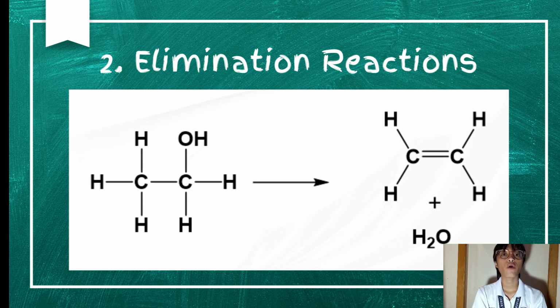The removal of OH negative from one carbon and H from an adjacent carbon leads to the formation of a double bond between the carbons. The resulting product, on the right side, is ethene, C2H4, an alkene, and water is formed as a side product.